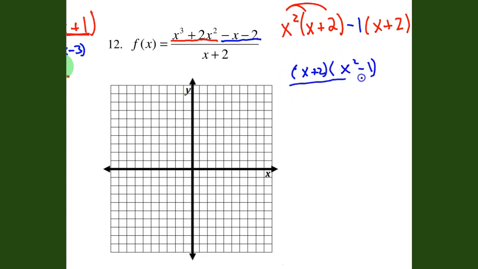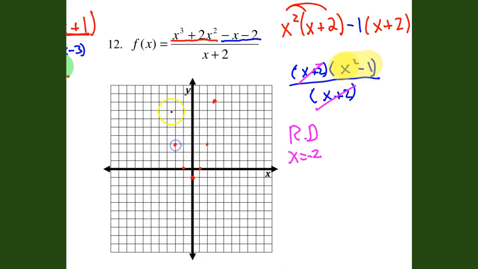And much like the last one, we're left with a parabola. So we have the removable discontinuity at negative 2. And the graph left over is quadratic starting at negative 1. We'll start at negative 1, go up 1 over 1, and then up 3 more, 1, 2, 3 over 1, and up 5 more, 1, 2, 3, 4, 5.